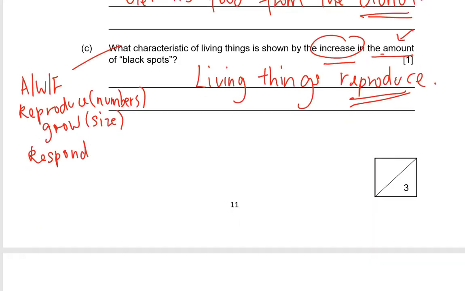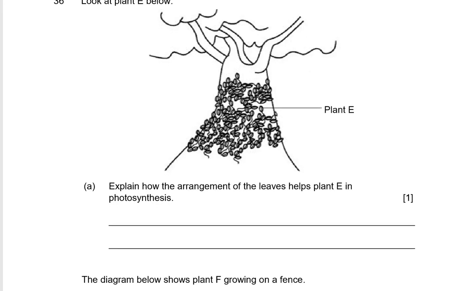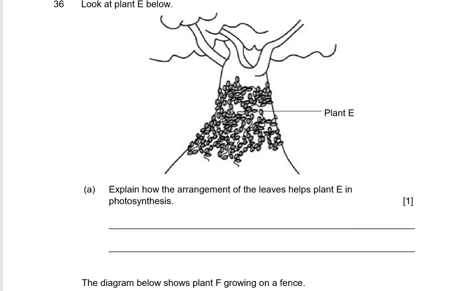Okay, now question 36. You have got to see how the arrangement is like and how it helps. Alright, now I would say that this is actually a comparison question. Doesn't look very obvious, but why so? Because there can be many types of arrangement. One arrangement is, you notice they are scattered all around.